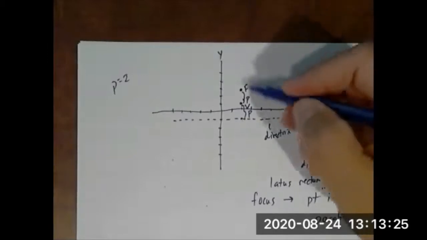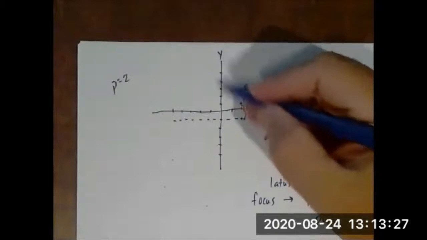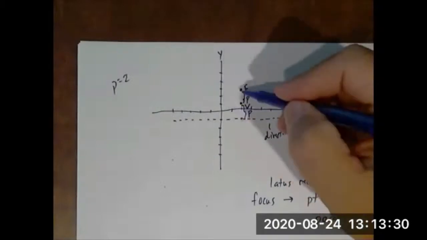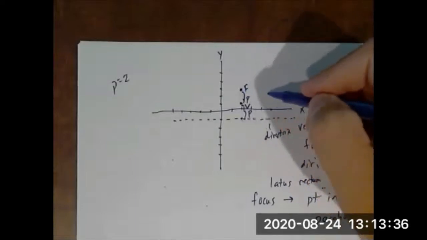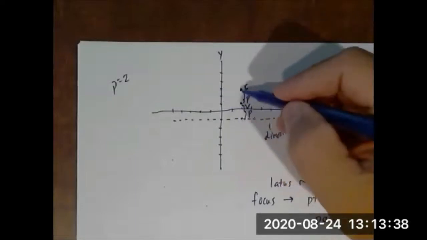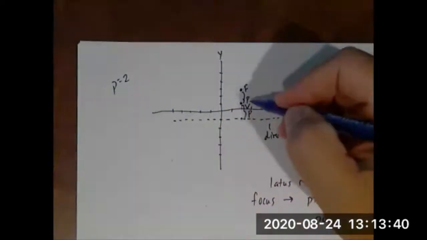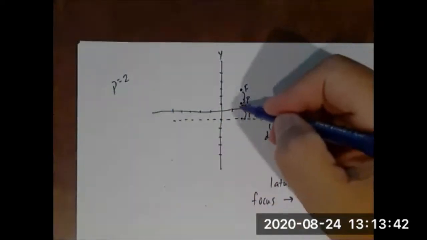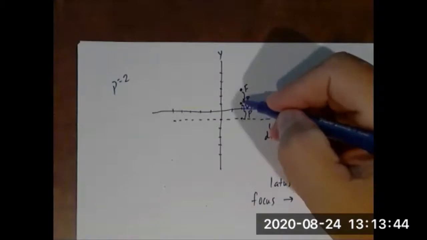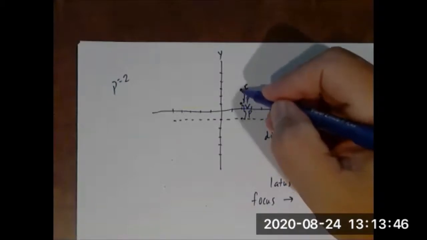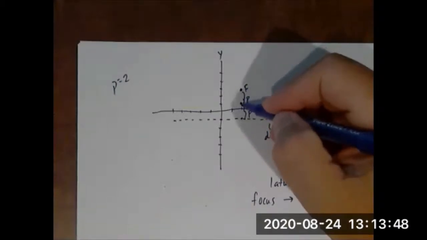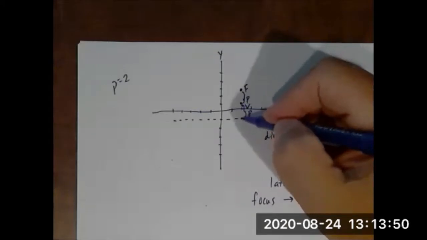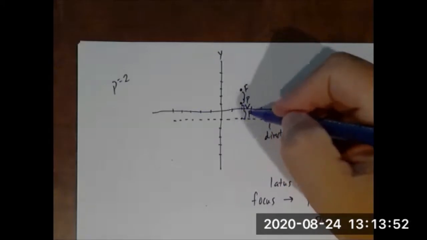Since I know this is a parabola that opens up, I go to my focus, and I'm going to move to the right and then to the left the distance 2p. What's interesting is once you have the vertex, to find my focus, I moved up a distance p. And to find the directrix, I move down a distance p.